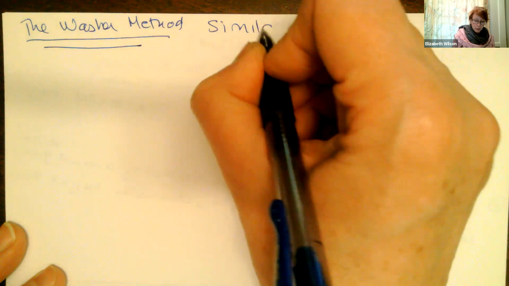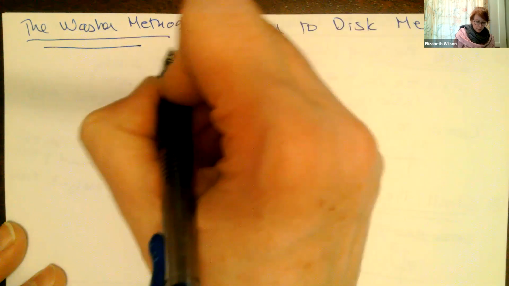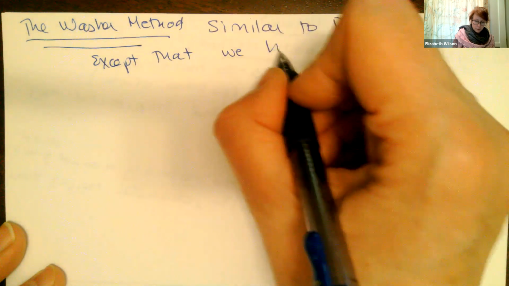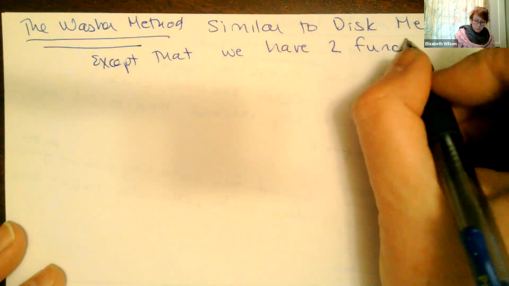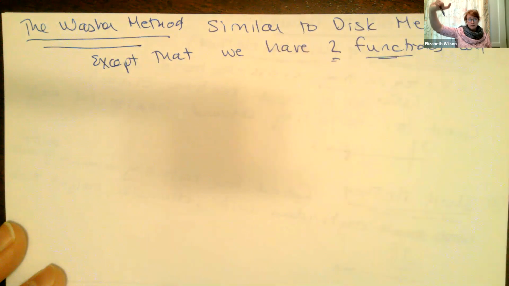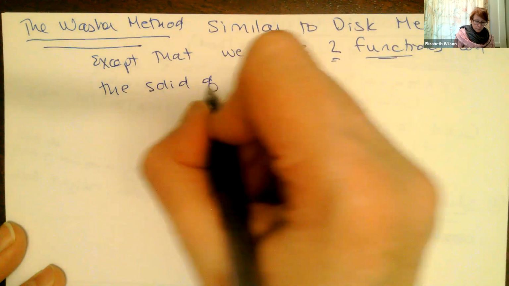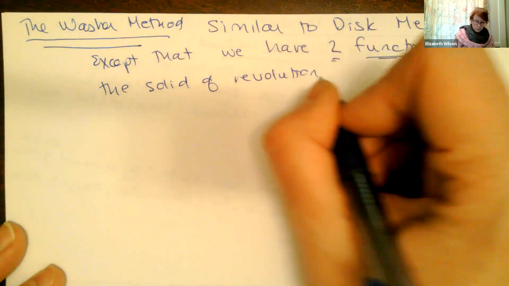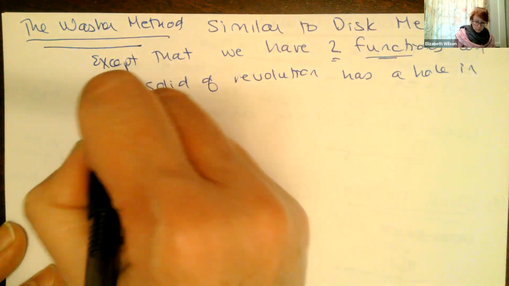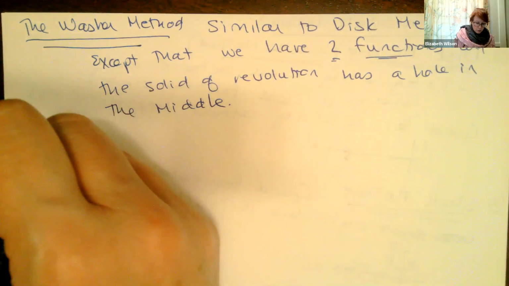This is similar to our disk method, except that we have two functions, and that we're revolving together, two functions, and the solid of revolution has basically a hole in the middle, right? So you remember our, let's do a cross-sectional view.